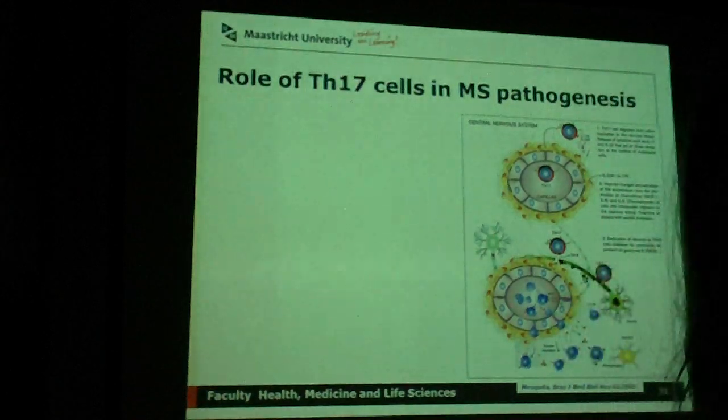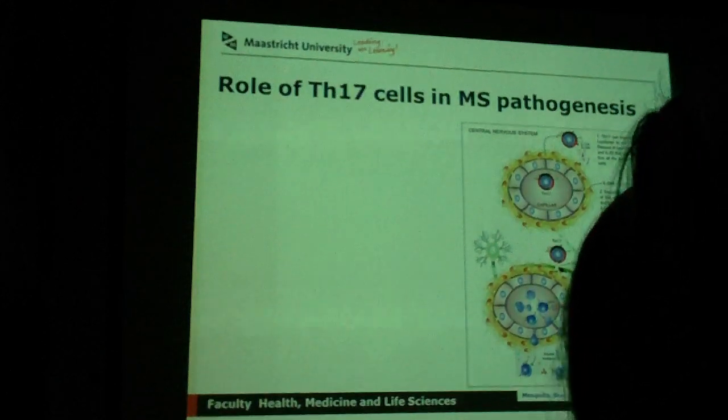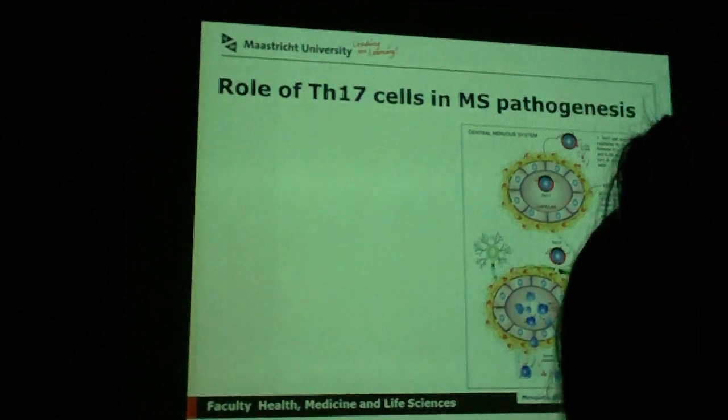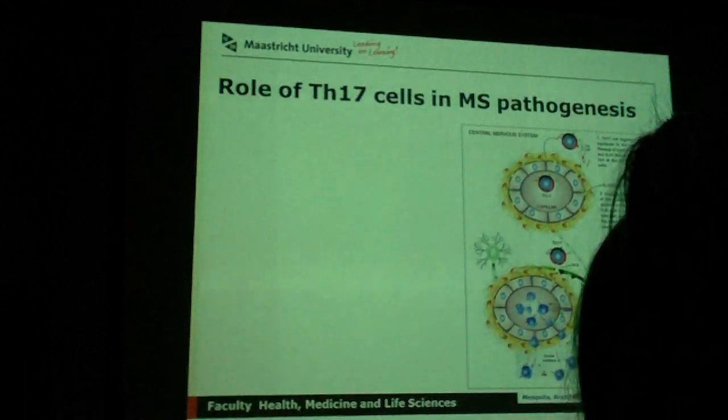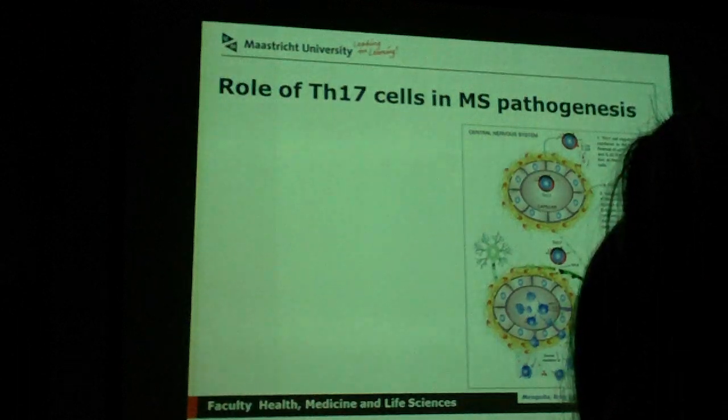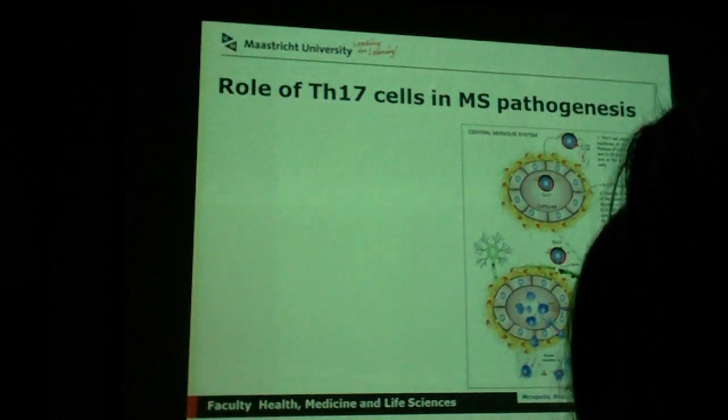How could these cells then contribute to pathology? Well, in MS, the attack is going on in the central nervous system. So the cells need to go from the blood into the central nervous system. And that happens actually at the blood-brain barrier.